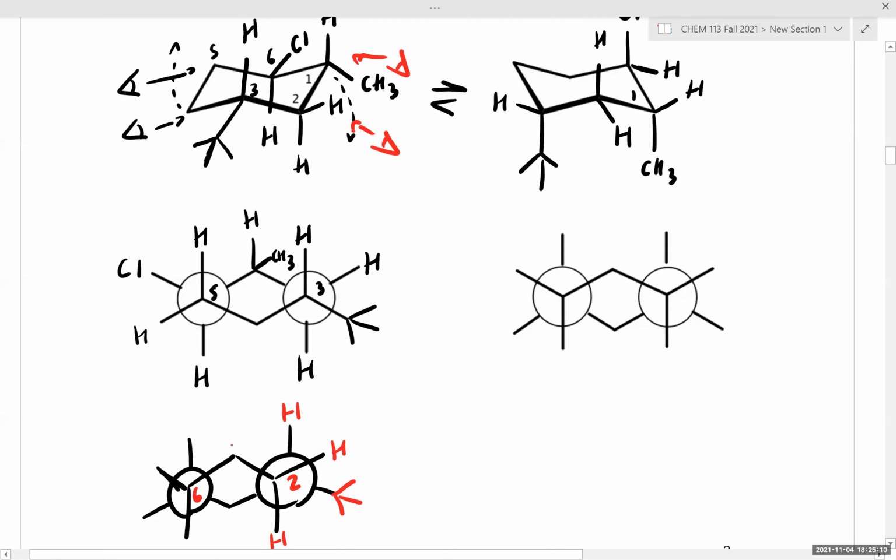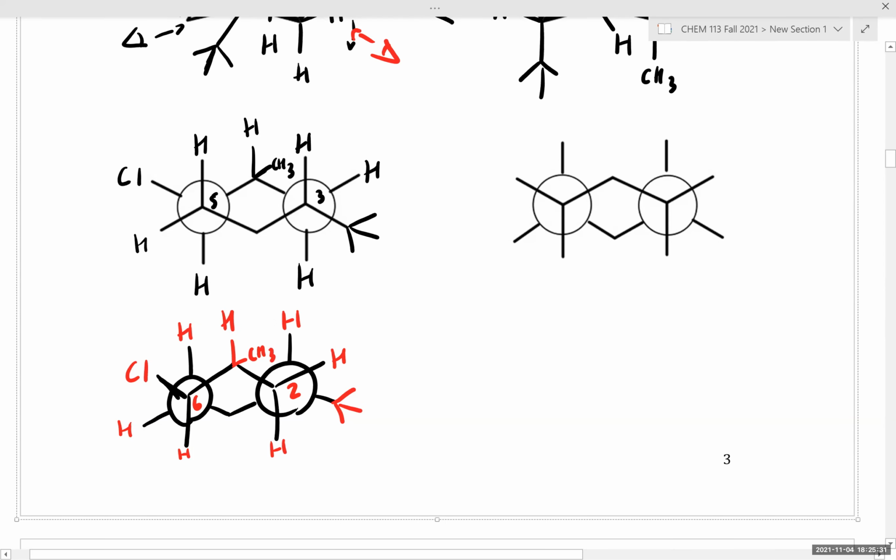Carbon 1 would be in the front. So it looks a little weird when it's in the front. And then carbon 6 would be in front. So it'd look like so. It would look like this if you were to look down the alternative view.